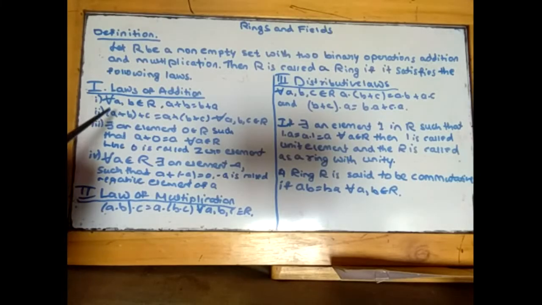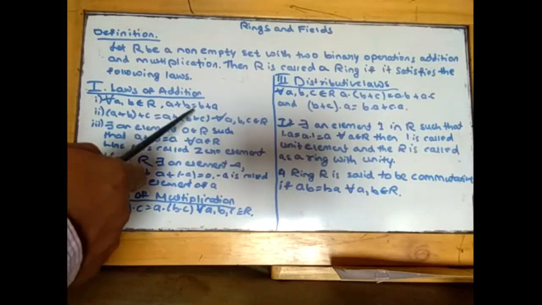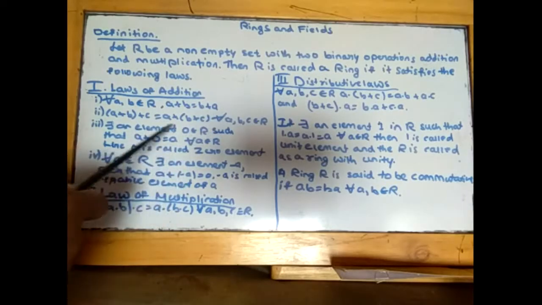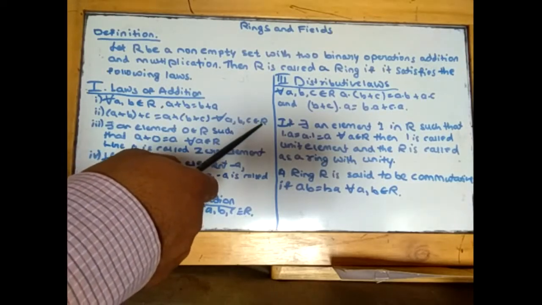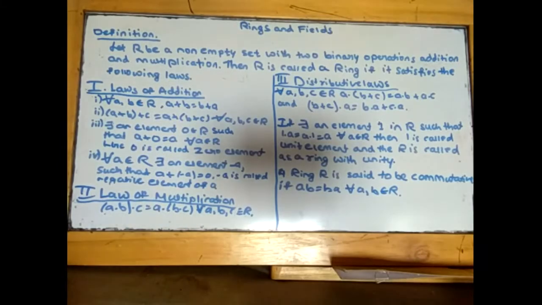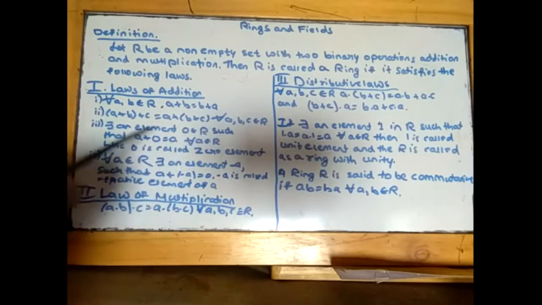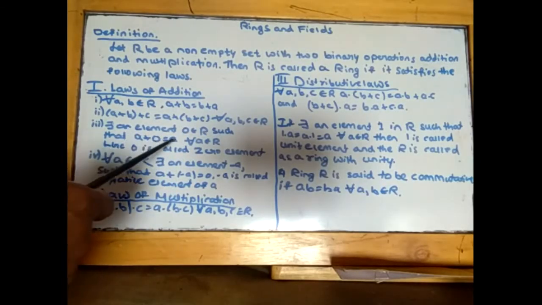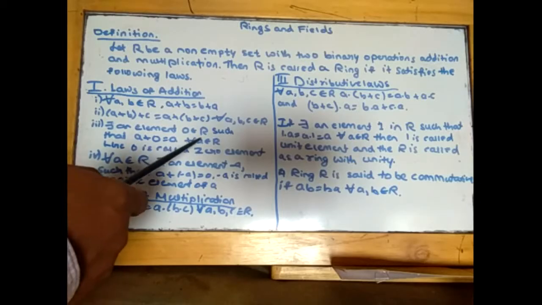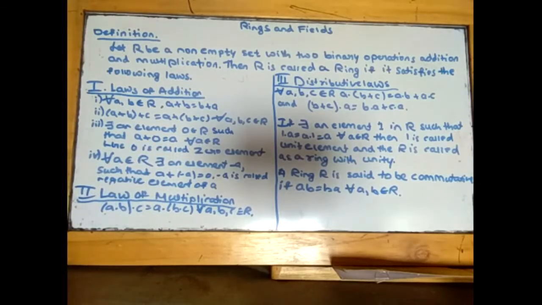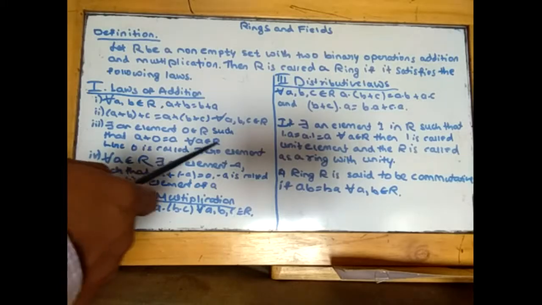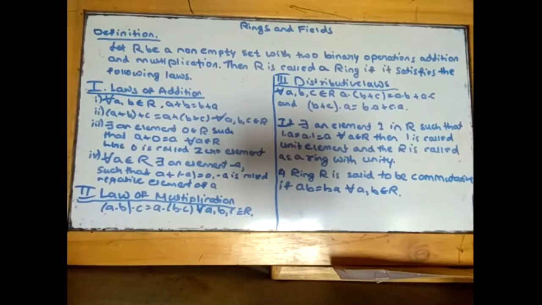Second, (a plus b) plus c is equal to a plus (b plus c) for all a, b, c belongs to R. Third, there exists an element 0 belongs to R such that a plus 0 is equal to a for all a belongs to R. Then 0 is called the zero element of the ring.